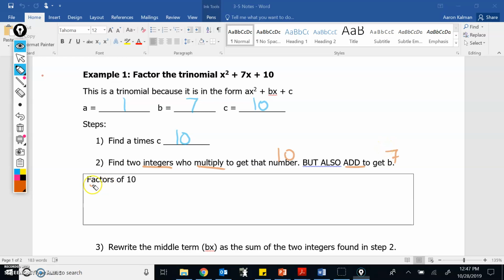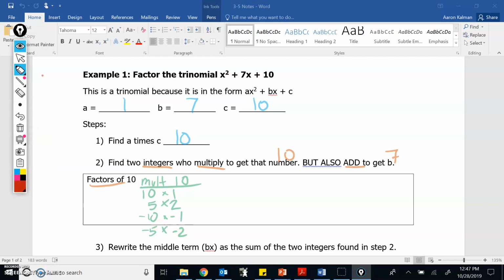So the factors of 10, let's talk about these. The numbers that multiply to get 10 are 10 and 1, 5 and 2, negative 10 and negative 1, and that could be important later on when we get harder examples with negative numbers, or negative 5 times negative 2.